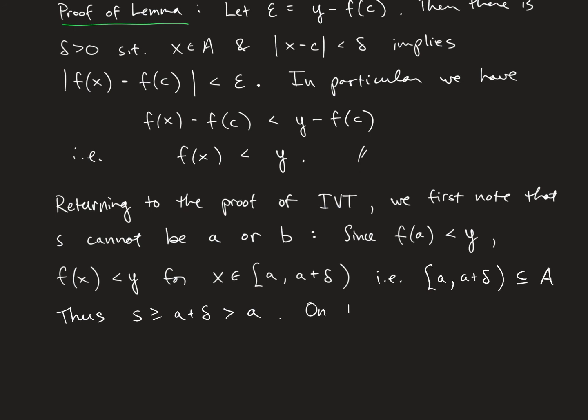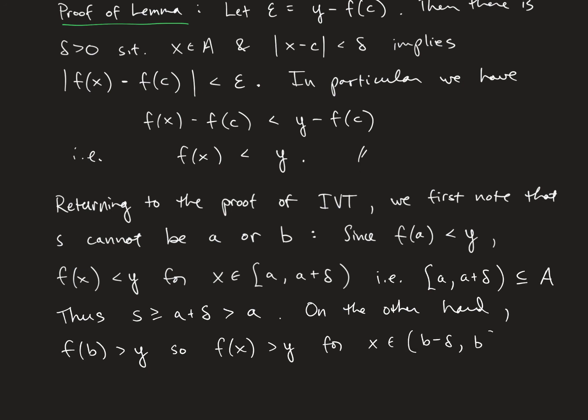On the other hand, f of B is bigger than y, so f of x is bigger than y for x in b minus delta, b.